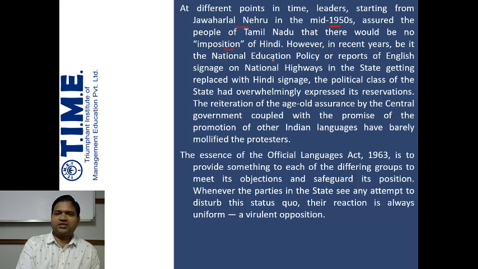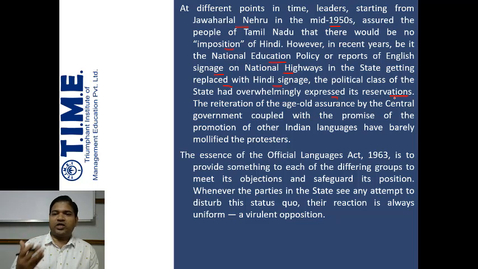However, in recent years, be it the national education policy or reports of English signage on national highways in the state getting replaced with Hindi signage, the political class of the state has overwhelmingly expressed its reservations. So the common things, like suppose you are traveling in a metro, so of course you need something that you can understand, or you are traveling on the road, you need highway signboards that you can understand.